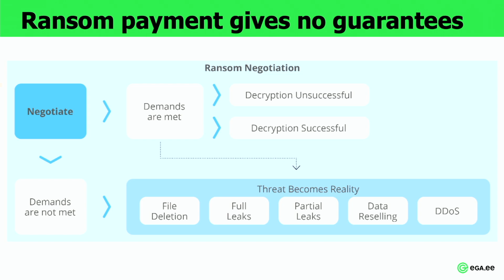It does not give you any guarantees that you actually get back your access or your data, because you never know what these cyber criminals decide to do. So you can just lose your money and not get back your assets. But it also happens that the negotiation ends successfully and you get back your assets as well.